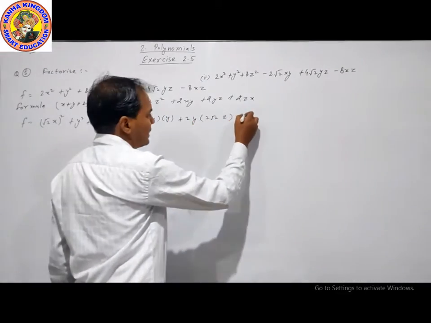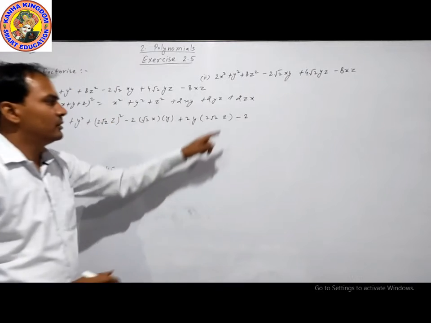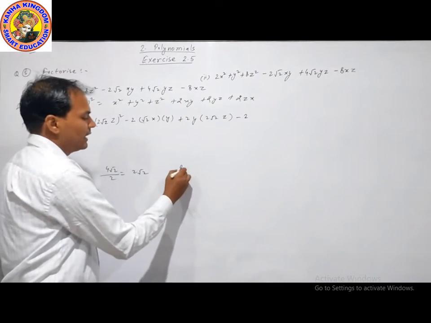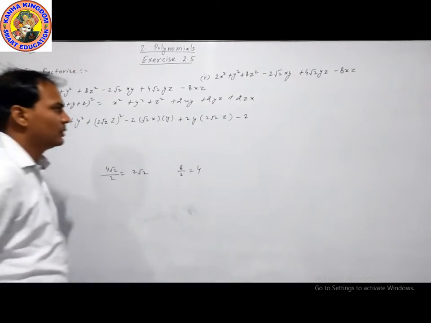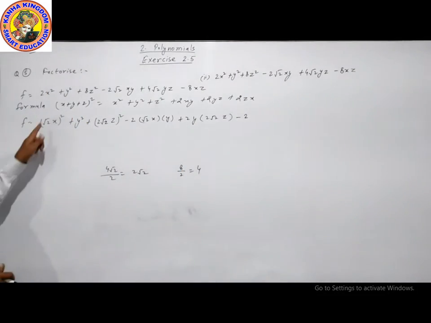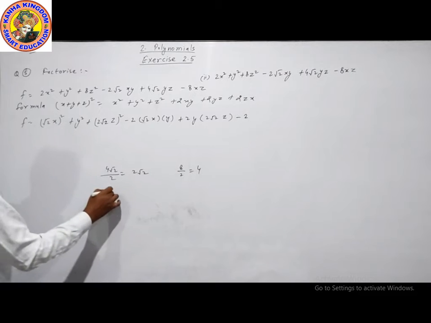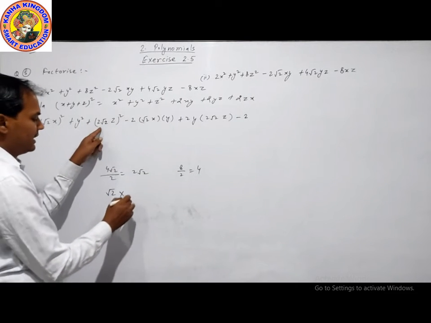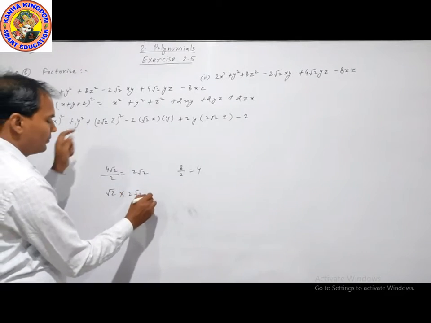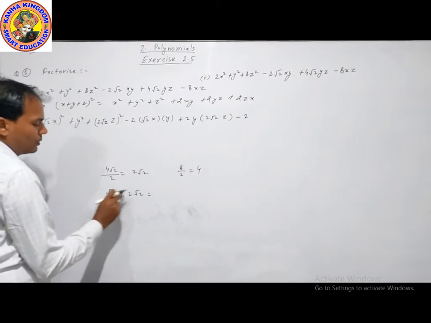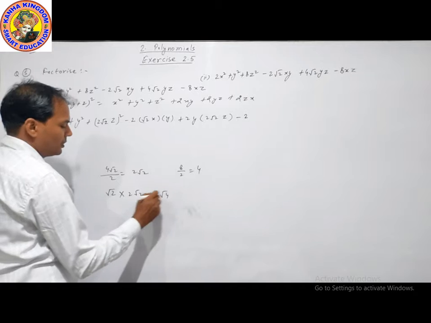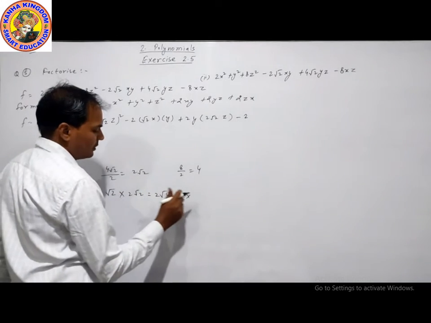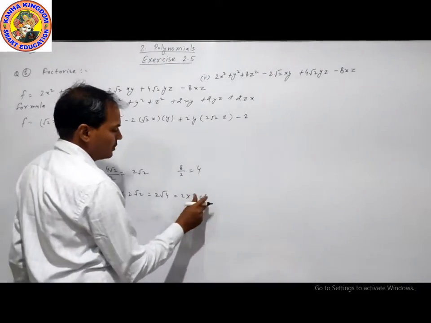Now minus 2 is taken common, the remaining part is 8 upon 2, which is 4. Then x and z, here root 2x and z is 2 root 2. Root 2 into root 2 is root 4, which is 2, then 2 multiplied by 2 is 4.